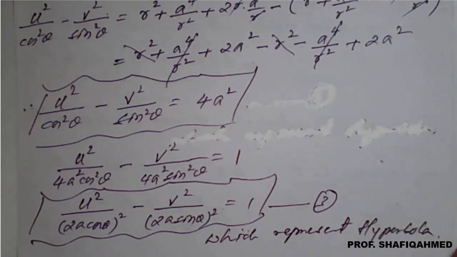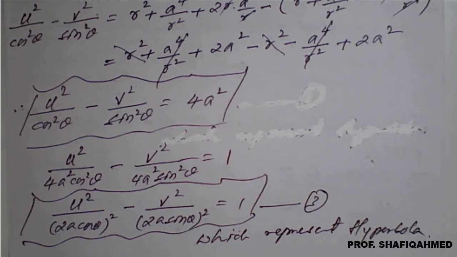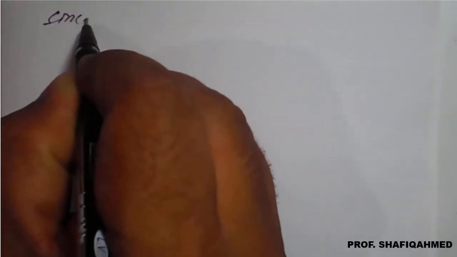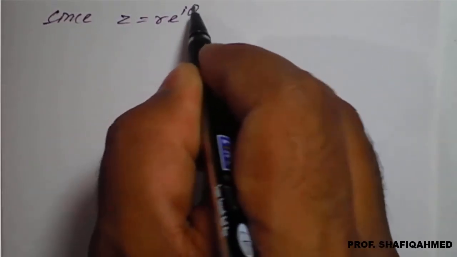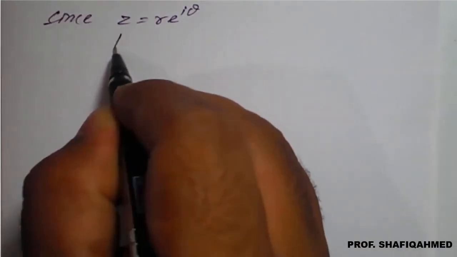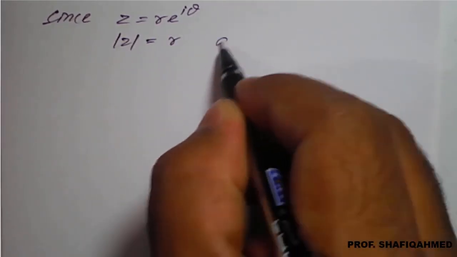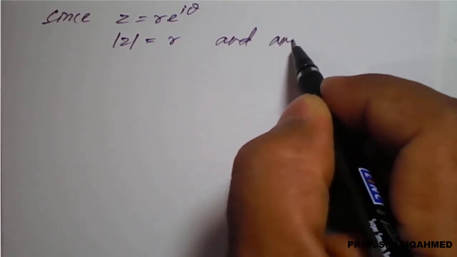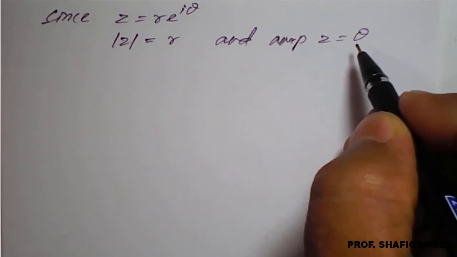So now we got equations 2 and 3. So let's see the mapping here. Already we know that since z is equal to r into e raised to i theta, then mod z will become r and the amplitude of z will be theta.